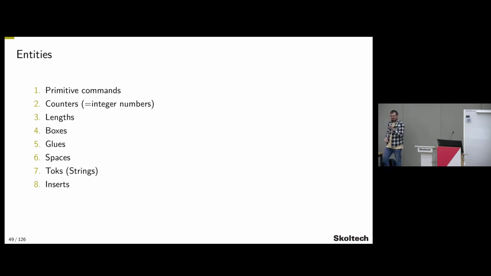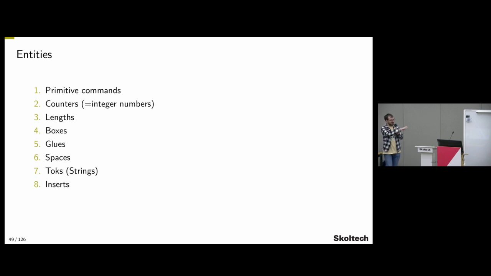guys, girls, please. TeX has a lot of primitives, and because there are too many, I will not put them all in the slide. There are counters, commands, spaces, glues, boxes, toks, and inserts. 8 types of primitives.